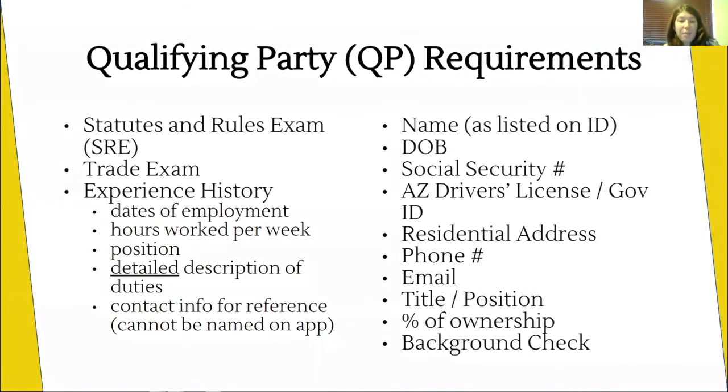There are a couple where, if you have a certain number of years of experience, that can waive the trade exam. And then we do have exam waivers, which I'll go over later. So for the experience, for the qualifying party, you want to make sure that it relates to the classification that's being applied for. So if you're applying for a specialty license, you're going to want to be specific about that specialty classification.